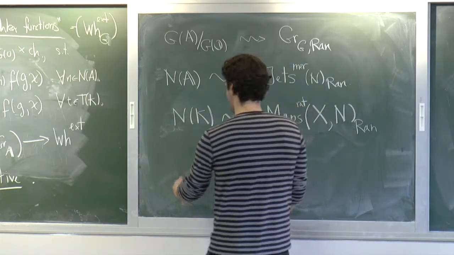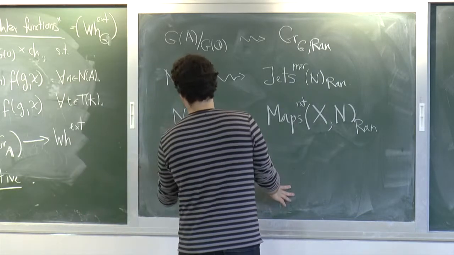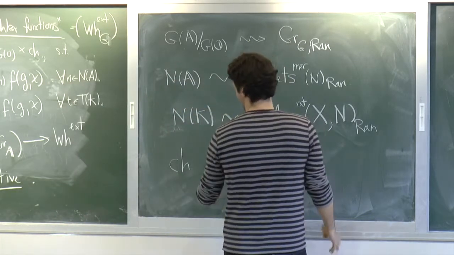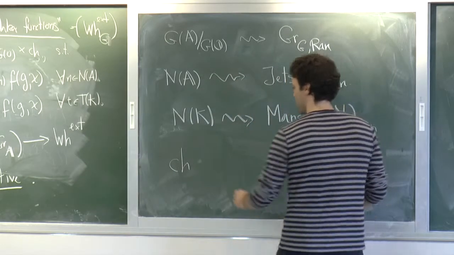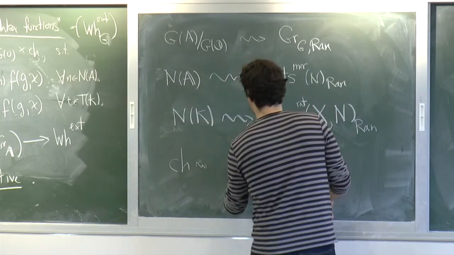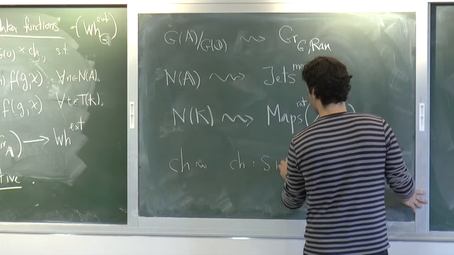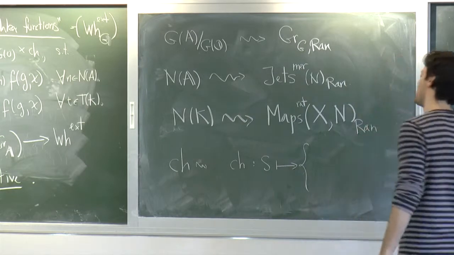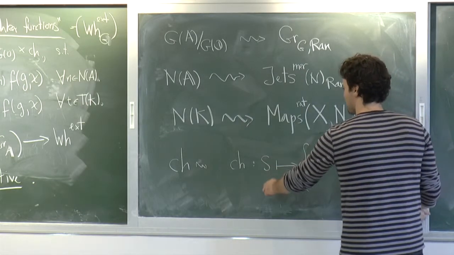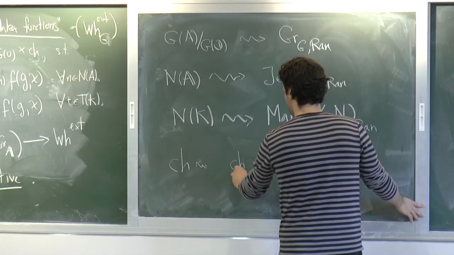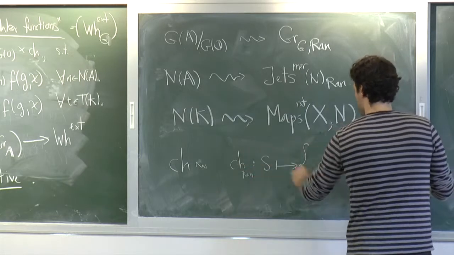Great. So now next is this space of characters on N(A) trivial on N(K), and that becomes a pre-stack that I also call by the same name. So for a pre-stack, I have to tell you what these S-points are. Again, it's something that lives over the Ran space. So what are the S-points of this guy?